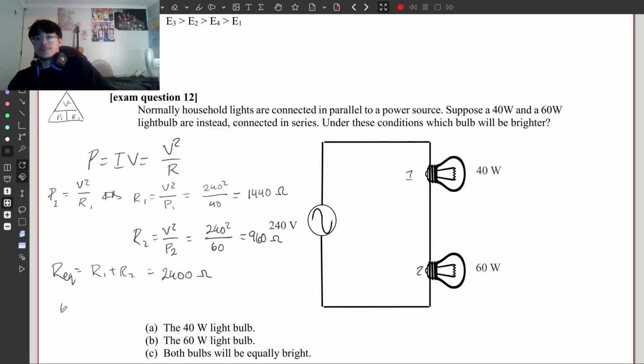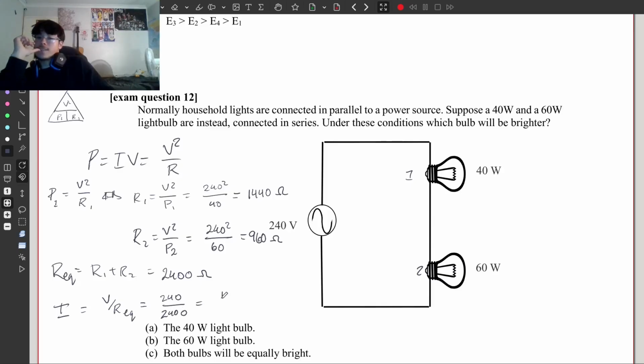So then we can find the current in the circuit as being equal to voltage divided by equivalent resistance, because V equals IR, which will be equal to 240 over 2400.